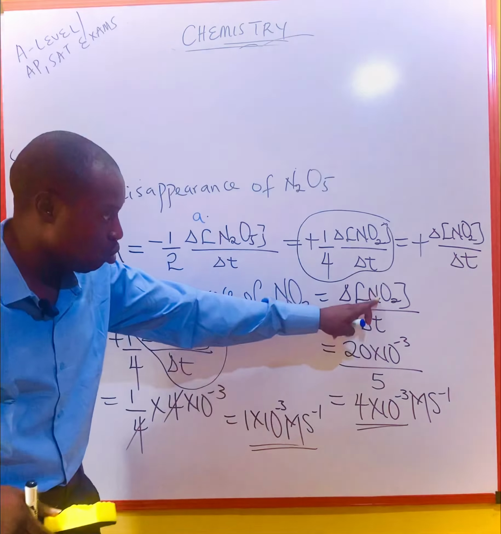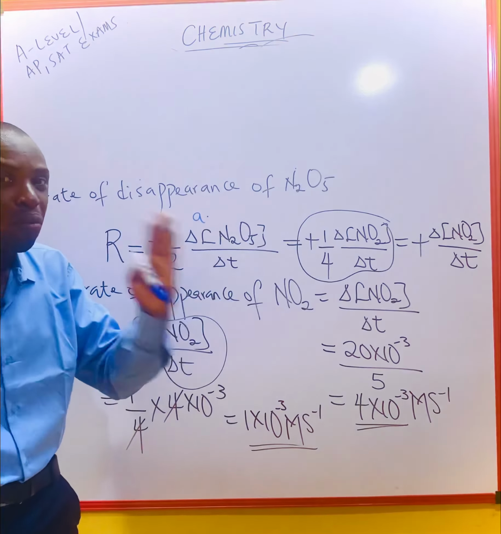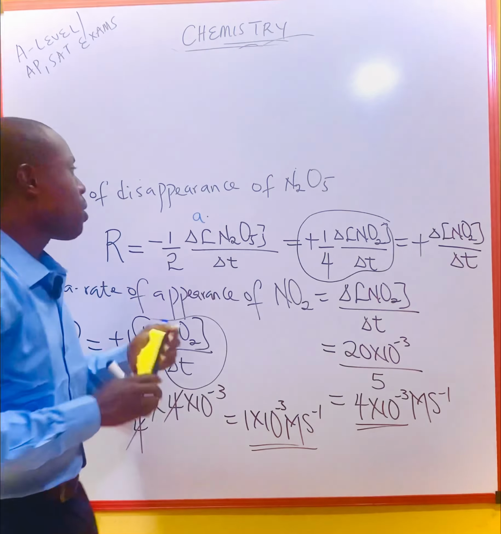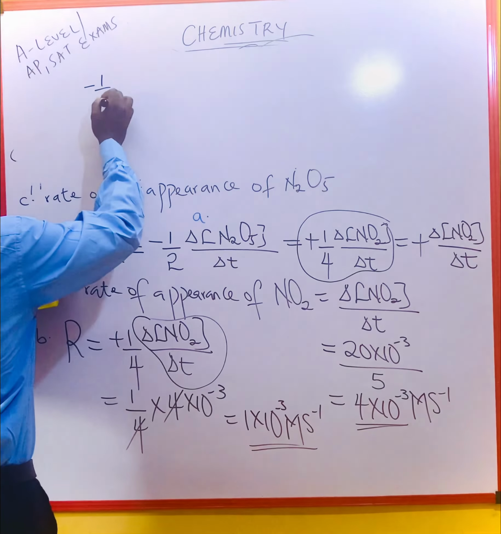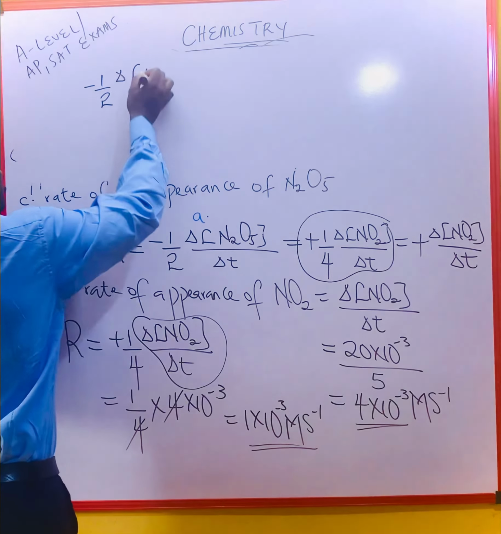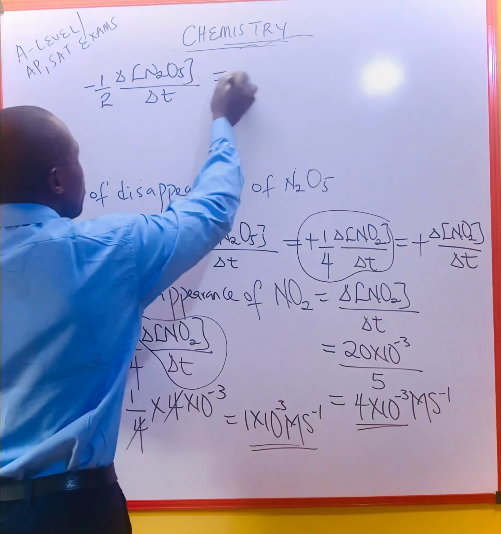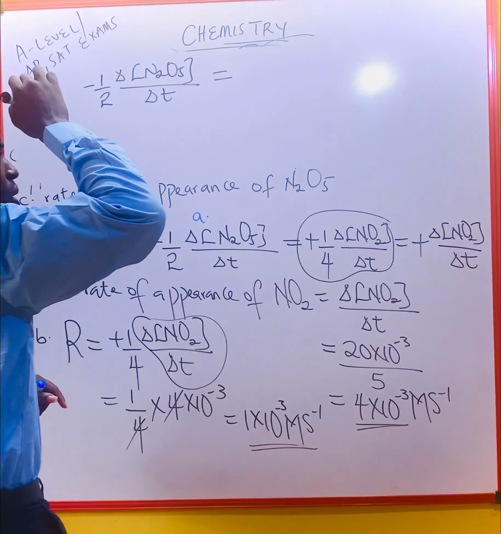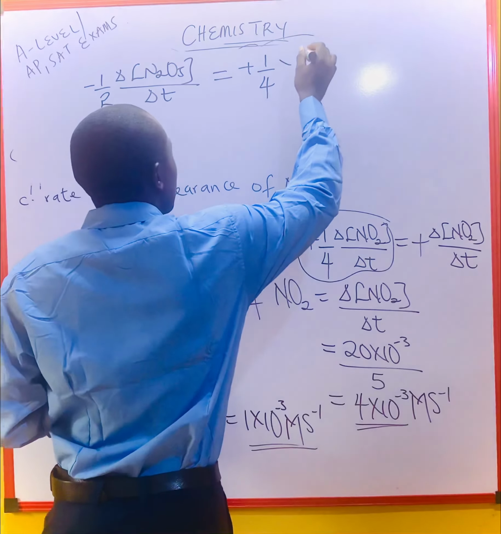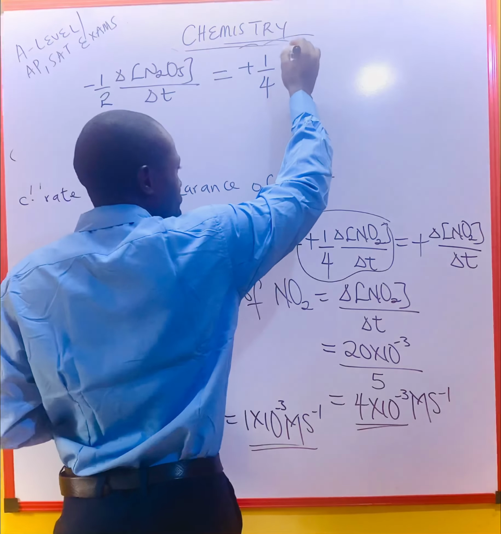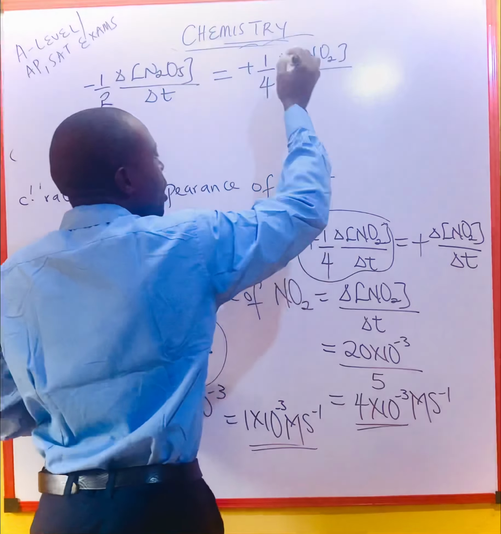Ours is to now find the disappearance of N2O5, meaning we have to use both of them together. That is how they do it. So it becomes negative 2 change in N2O5 over change in T is equal to plus 1 over 4 change in NO2 over change in T.